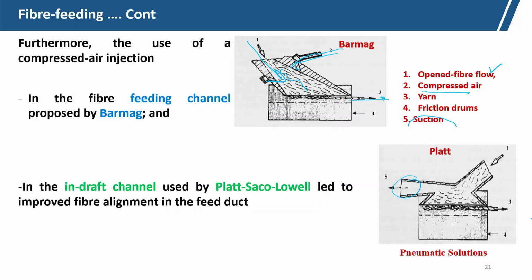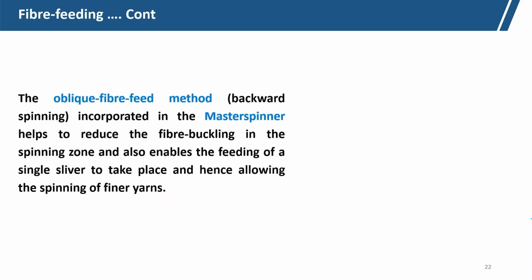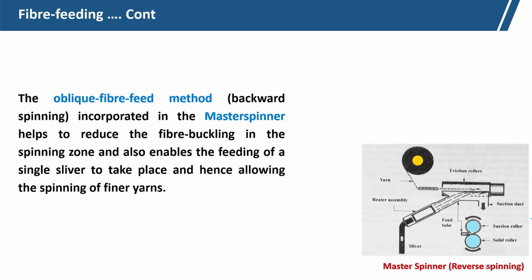Then there is the oblique fiber feed method, that is in master spinning. At a certain angle, as we have already discussed, the fibers are fed at a certain angle.